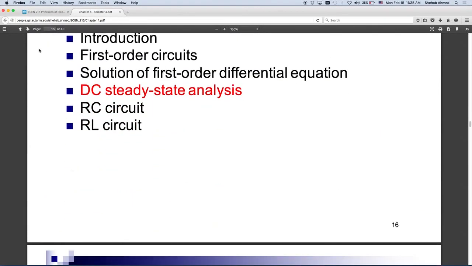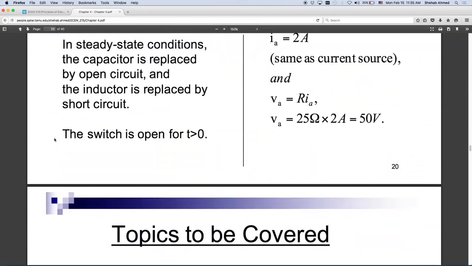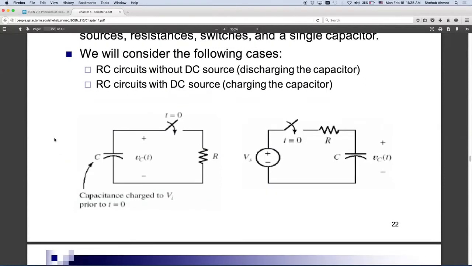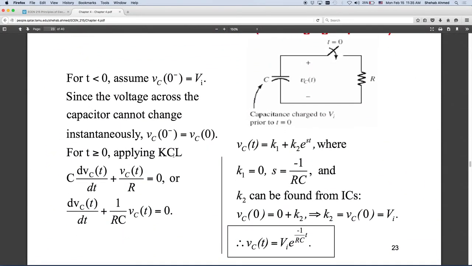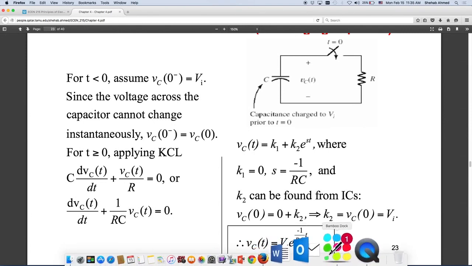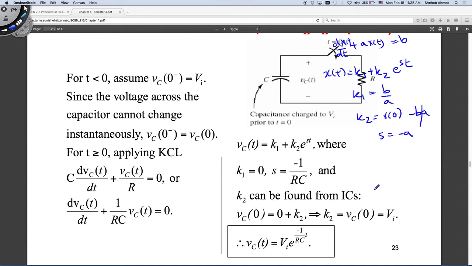Let's go to our example and apply it. I have no source, so what is B equal to? Remember, for the RC circuits, B is equal to Vs over RC.